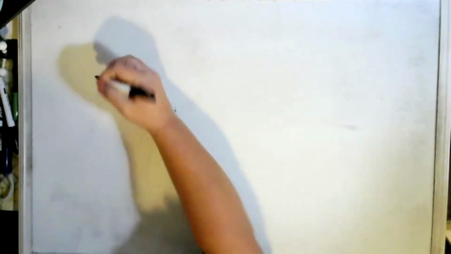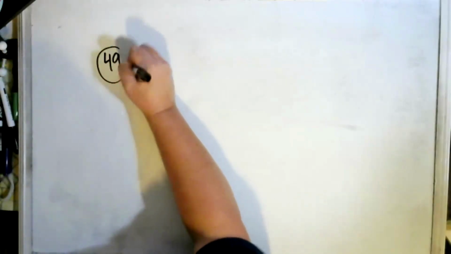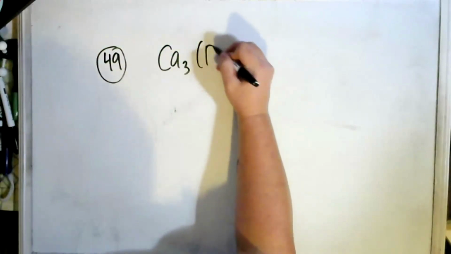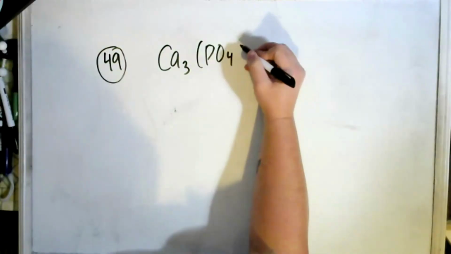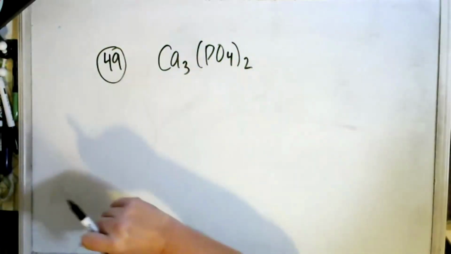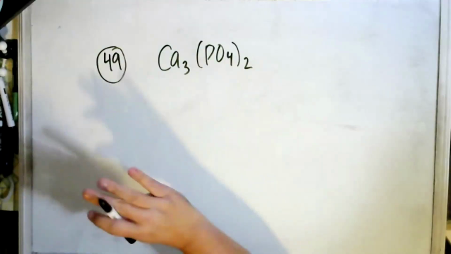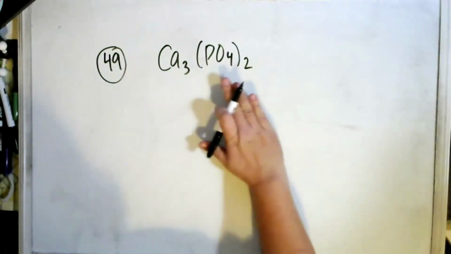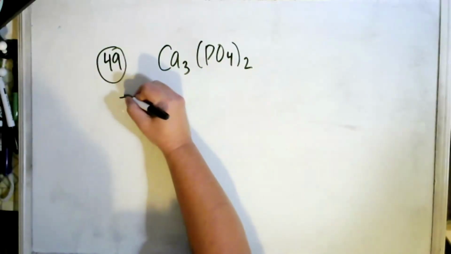For question number 49, they're asking us to name Ca3(PO4)2. Again, this naming process doesn't deviate. We have a metal here. We have a polyatomic ion here.